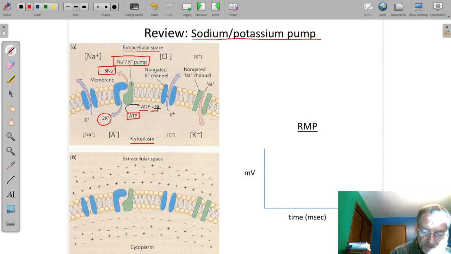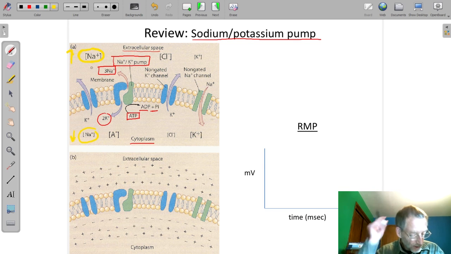It takes energy, and that sets up these gradients: a high concentration of sodium on the outside, so an up arrow, and a relatively low concentration, a small sodium signal, on the inside. They just put different size fonts. It's the reverse with potassium.